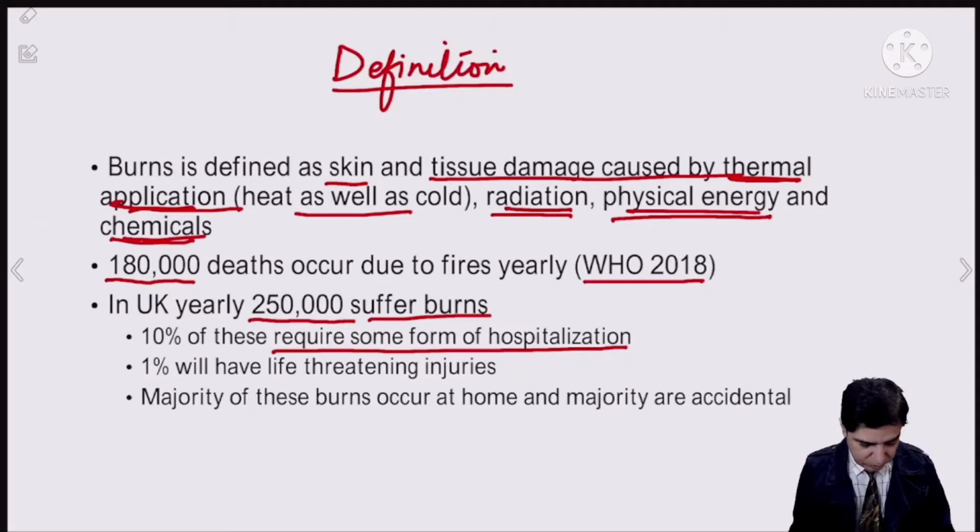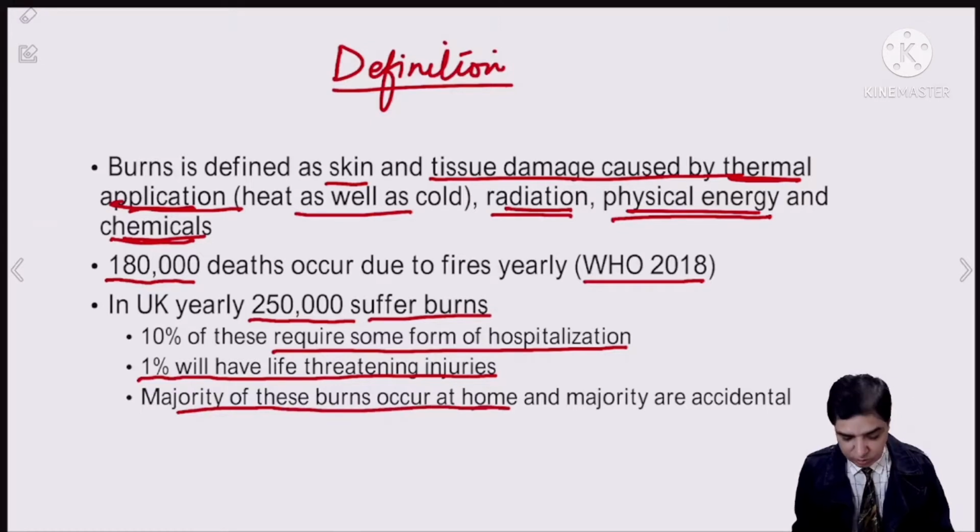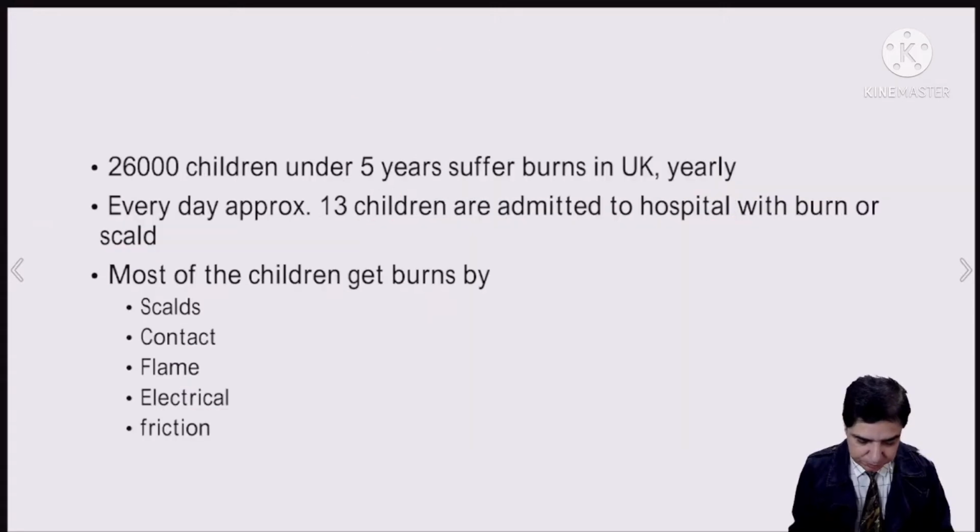Only 1% of these 250,000 have got life-threatening injuries, which means that they have been burned to the extent where the burns are actually threatening their life. And again, of these burns, the majority occur at home and the majority are accidental. So again, most of them just occur because of carelessness. Most of these injuries happen at their own homes.